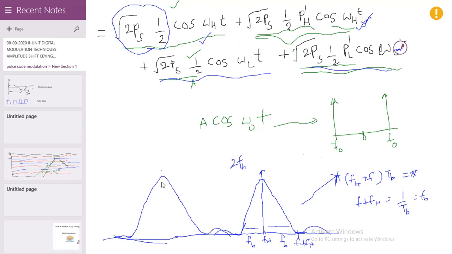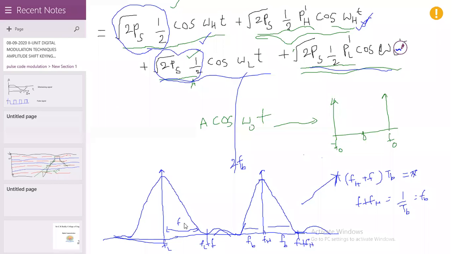So here we can indicate that this is an FL. This is a spectral component for this one, at center frequency equal to FL. And for this case here, we can indicate that this is an FL plus FB.